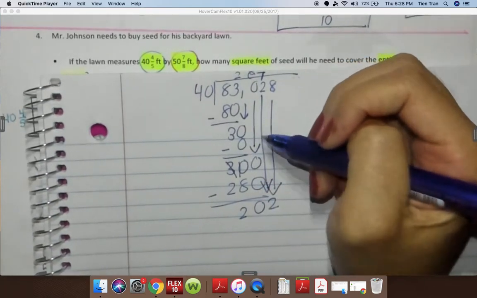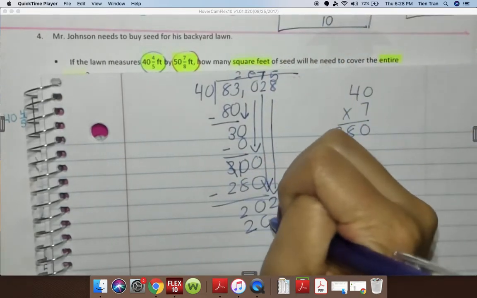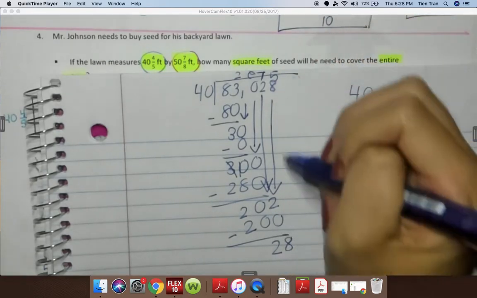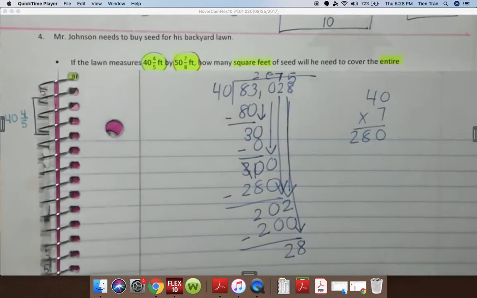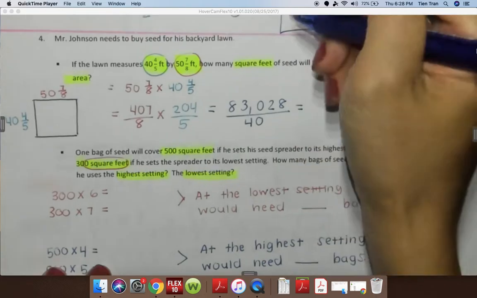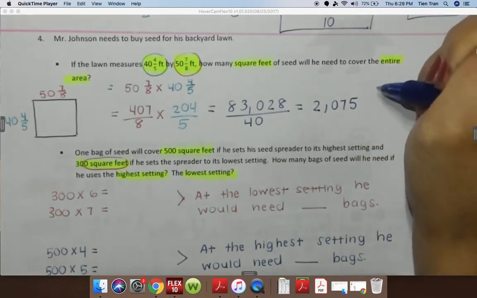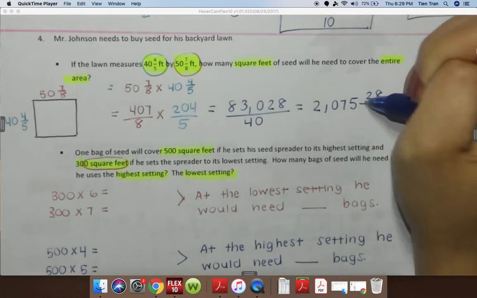And 40 can go into 202 5 times. I get 200. Subtract. I bring down my 8. So 40 cannot go into 28. So that is going to be my remainder. So I have 2,075 with my remainder of 28 and my denominator as 40.